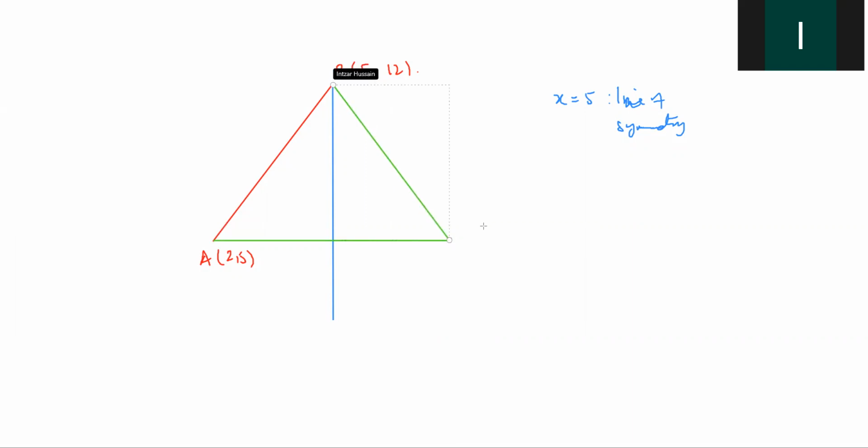This is where we can have the point C. So the first thing is you have to complete this triangle like this. Now, using the concept of the vertical and the horizontal lines, suppose this point is D over here, you can easily tell the coordinates of D.